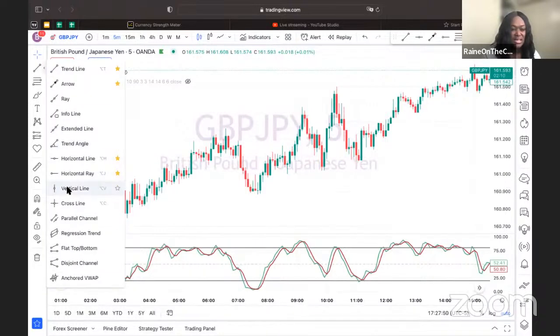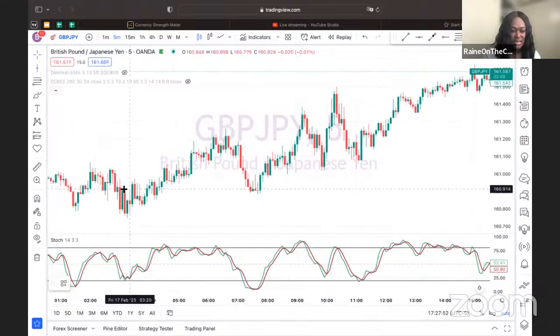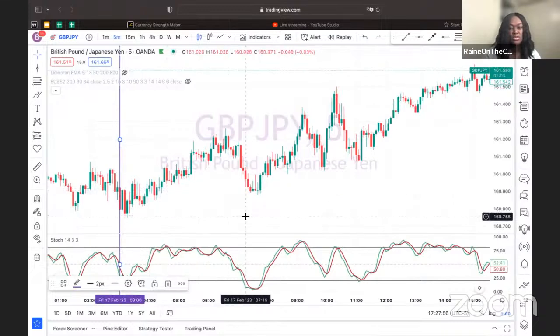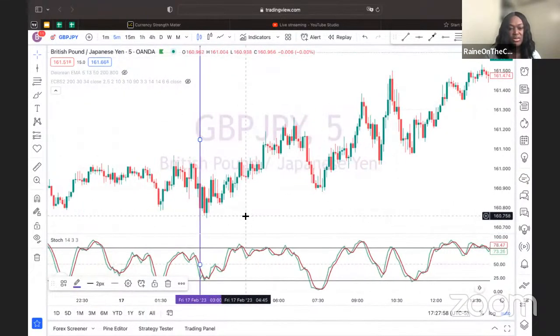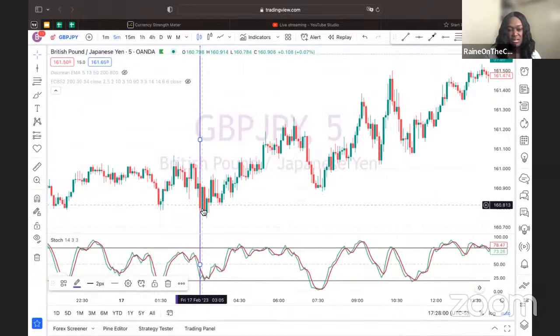So I can take a line at 3. So when the market opens at 3, it may not necessarily make the exact move you're looking for.